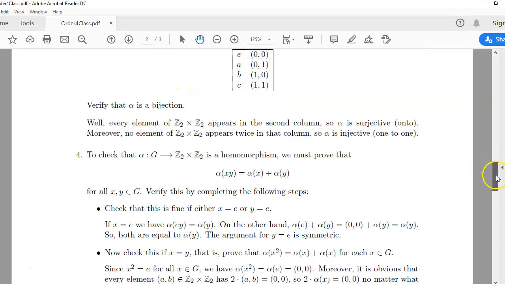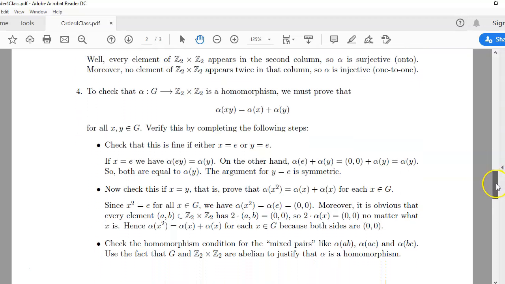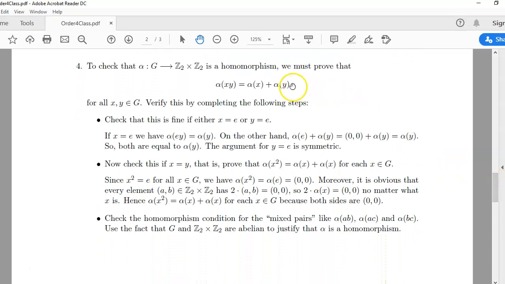Okay? Now you move on to checking that alpha so defined is actually a homomorphism, right? Which means you've got to prove that alpha of x and y operated in G is the same thing as alpha x operated with alpha y in Z2 cross Z2, and in Z2 cross Z2 the operation is called a plus. So I've got to show that alpha of xy is alpha x plus alpha y, where this plus is plus in Z2 cross Z2.